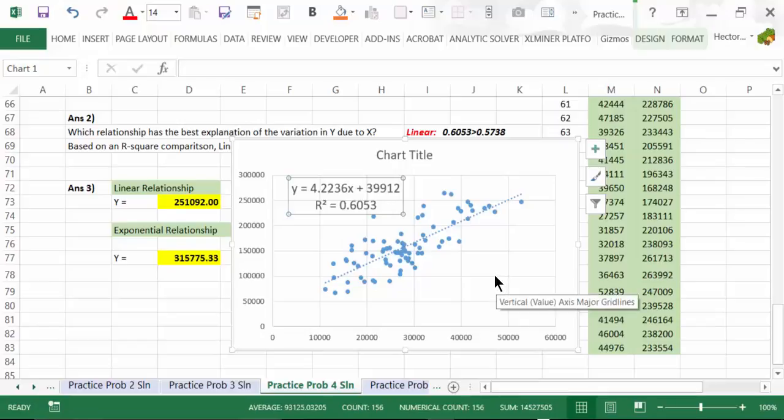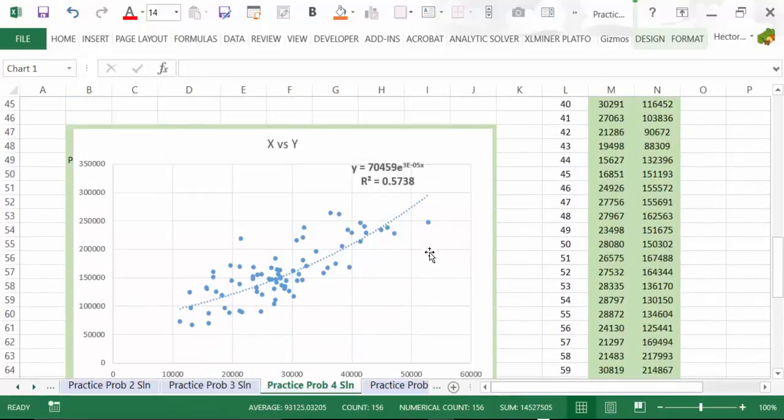And of course, we can change that, and we can do the very same analysis by looking at an exponential relationship. And this is where we get these results, where we have the E, very important constant in mathematics, Euler's number, and the base for the natural logs.